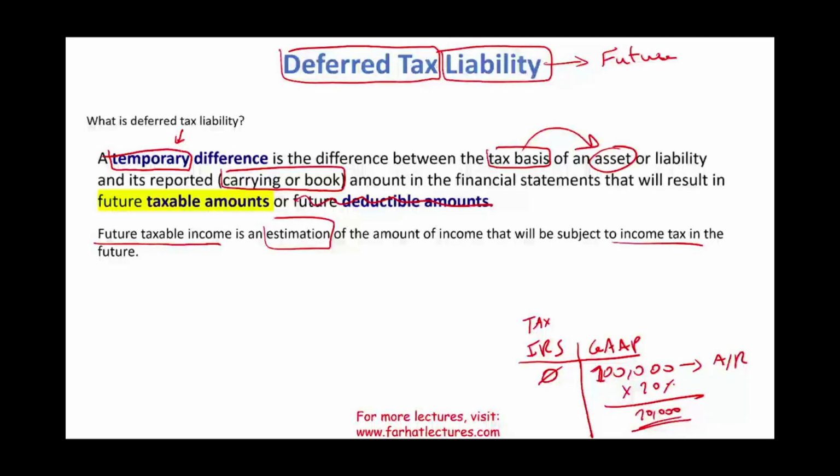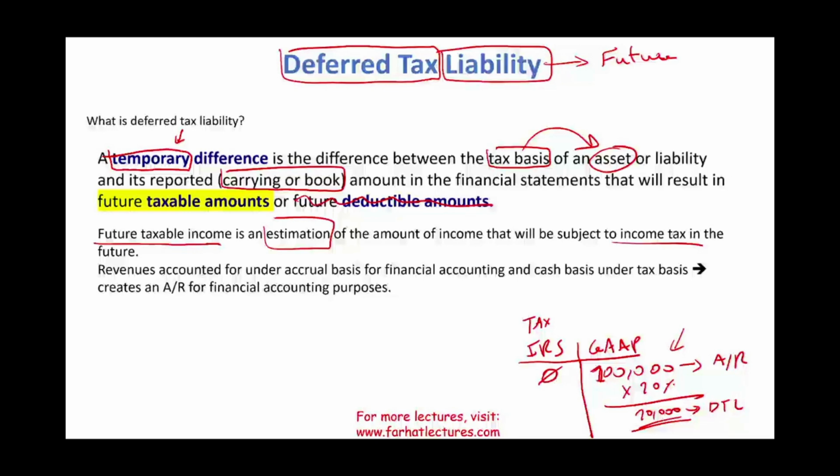Not now. For tax purposes, this will be in the future. So it's a future taxable income. The future taxable income is $100,000, which will be subject to a 20% tax rate, which will result in a $20,000 deferred tax liability. So revenue is accounted for under accrual basis for accounting purposes and cash basis under tax basis.